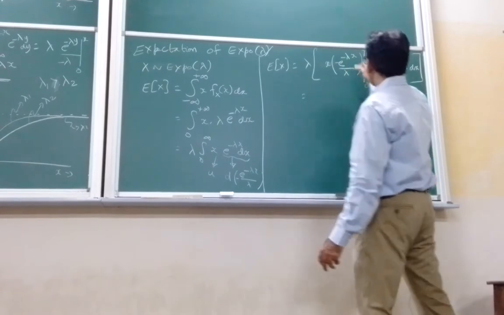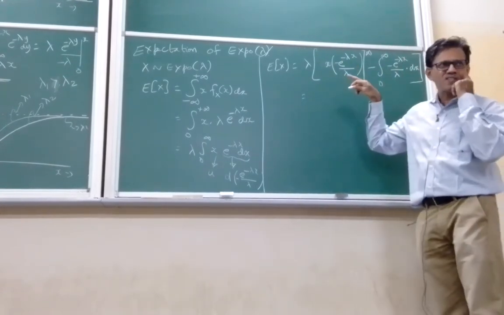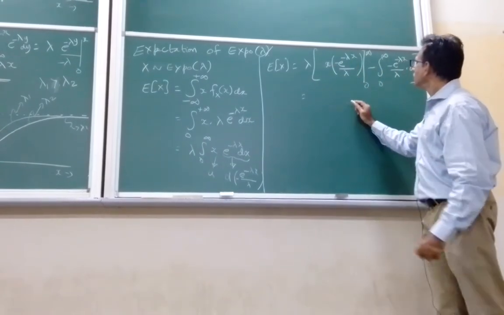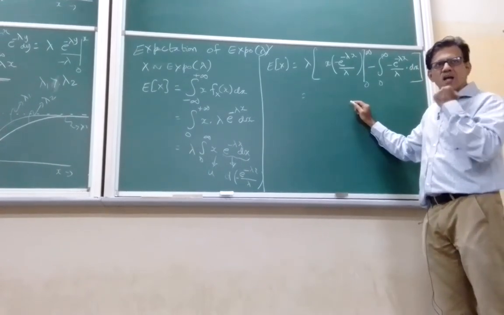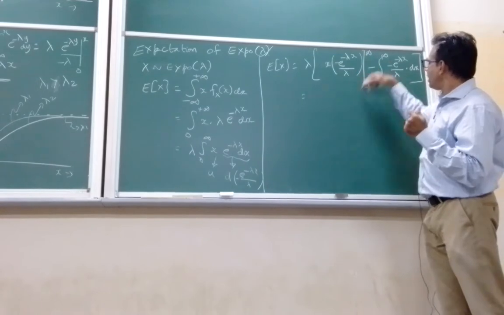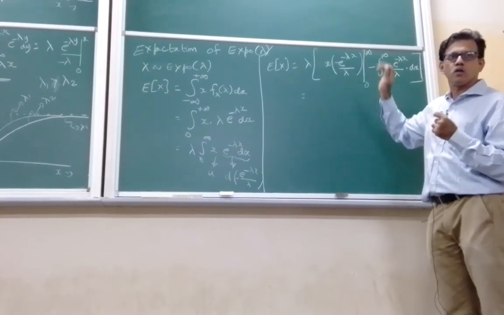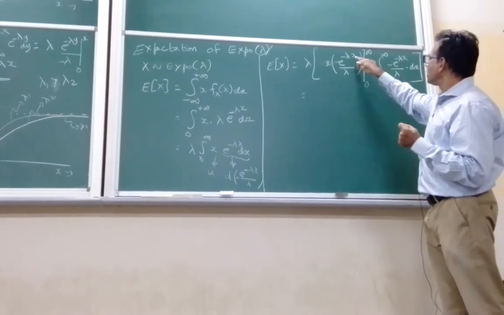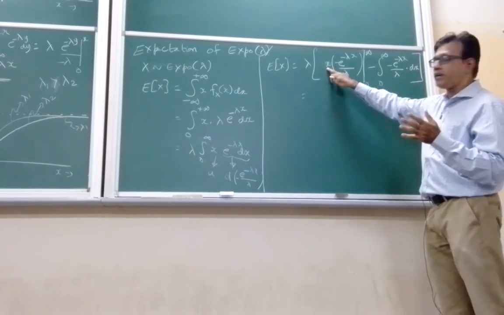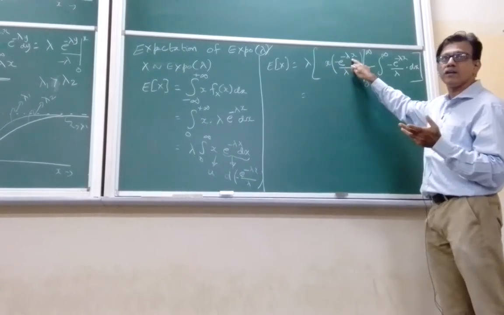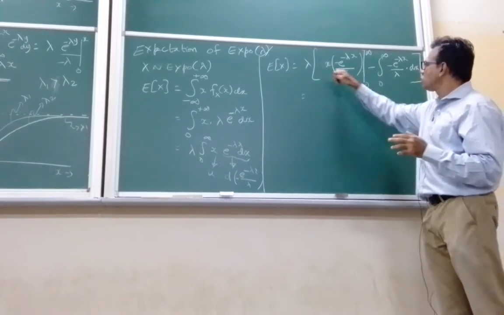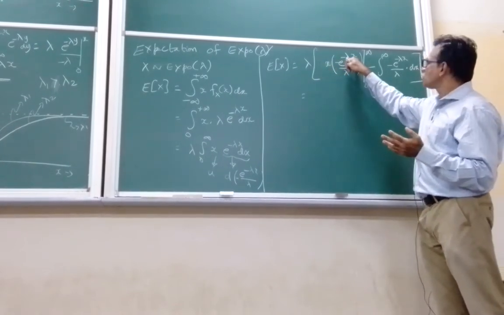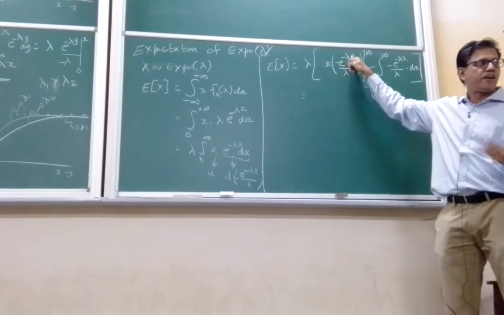If you look at this one, what will be the value of this entire thing? It has to be 0. If you put infinity here, this is infinity, but here it becomes minus infinity. When you put 0, that's no problem as such. You put 0, this becomes 0, and this becomes 1, so it is 0, definitely.